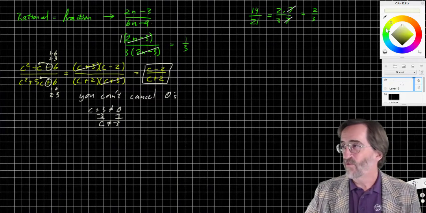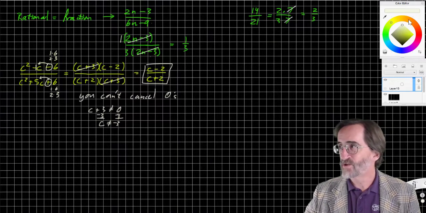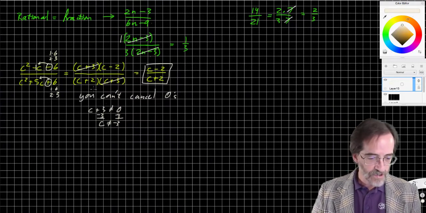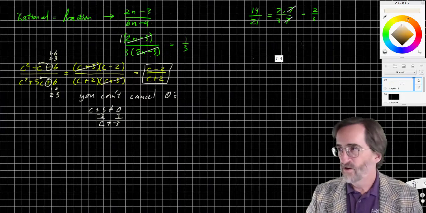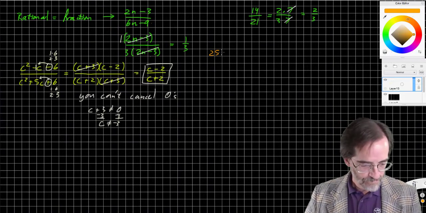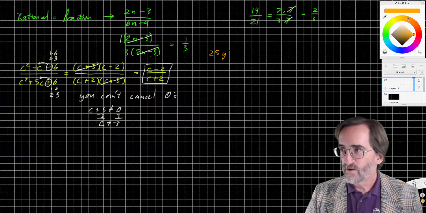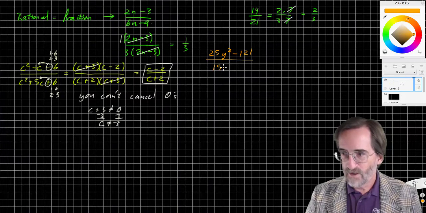Remember the pattern we're doing. We're factoring and canceling. Okay, let's try this one here: 25y squared minus 121 over 15y minus 33.